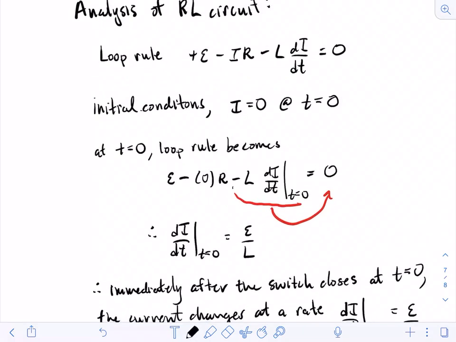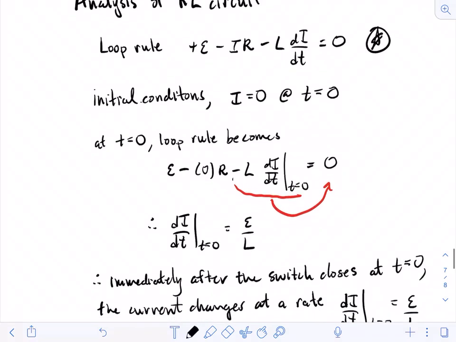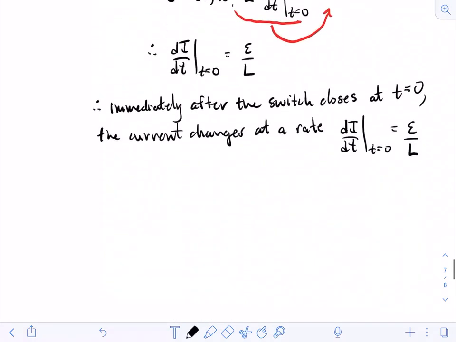Let me call this equation star. We're going to return to star, and maybe we should just rewrite it. It was just the loop rule, and the loop rule was equal to 0.